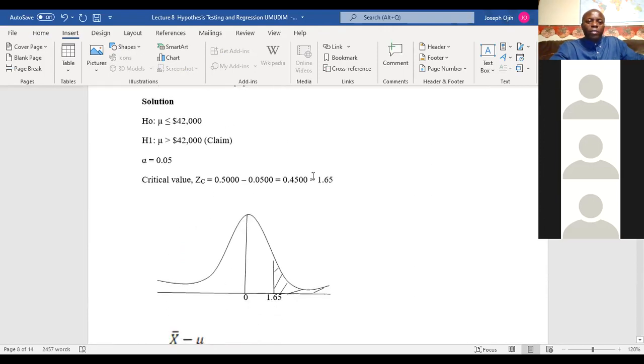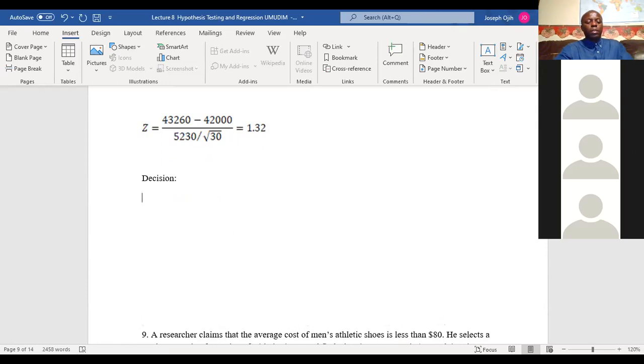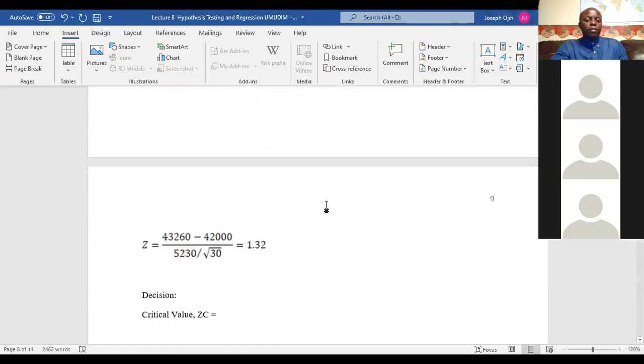So let's make our decision. The critical value ZC is 1.65.